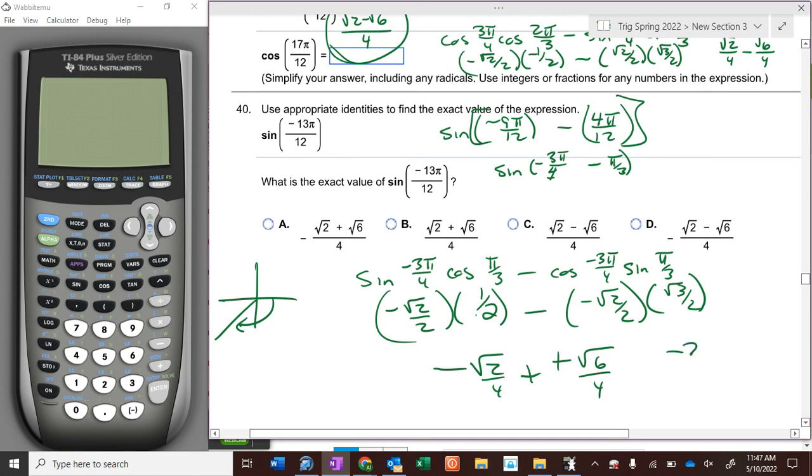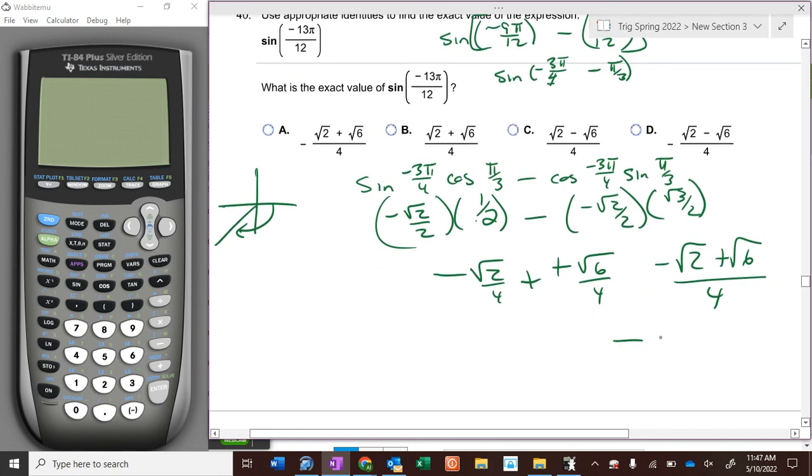So it's negative 2 square root of 2 plus the square root of 6 all over 4. Well, that's not one of them. But if you factor out a negative on the outside, you'd get positive square root of 2 minus the square root of 6 over 4. So it'd be choice D.